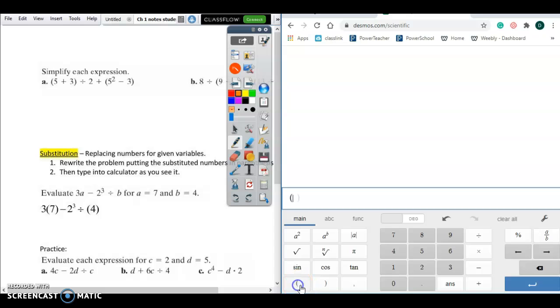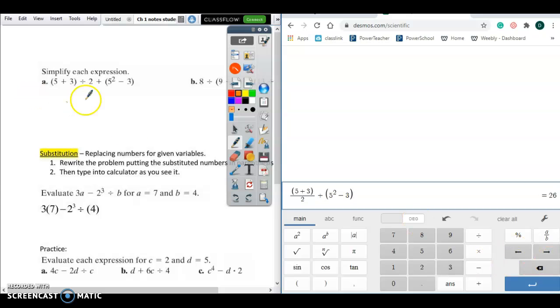So parenthesis, 5 plus 3, close off the parenthesis, divided by 2, plus, now I'm going to do the right arrow, plus parentheses 5 to the second power, do the right arrow again, minus 3, and then close out your parenthesis. And that gives us 26.